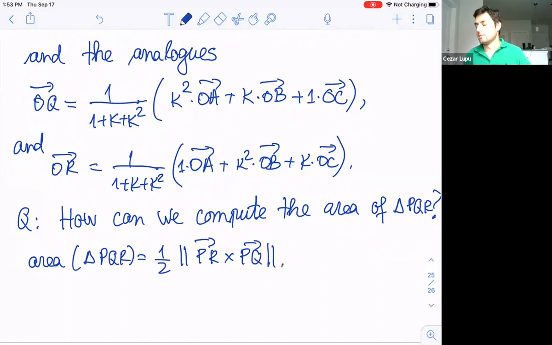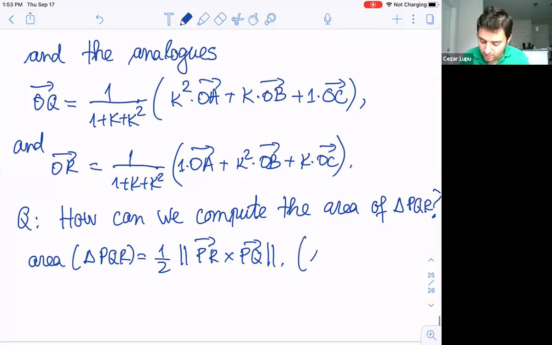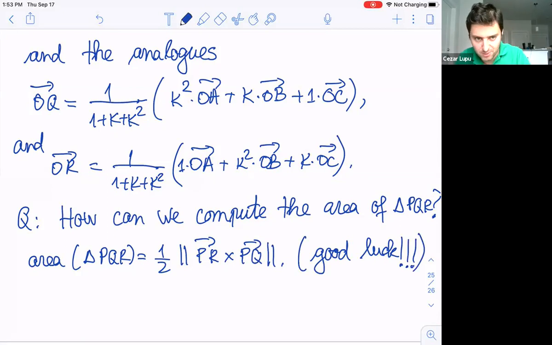Well, if you want to do this, I have one thing to say to you, and this one thing is good luck. I tried to do the computations. They were, man, I didn't want to lose any more time.